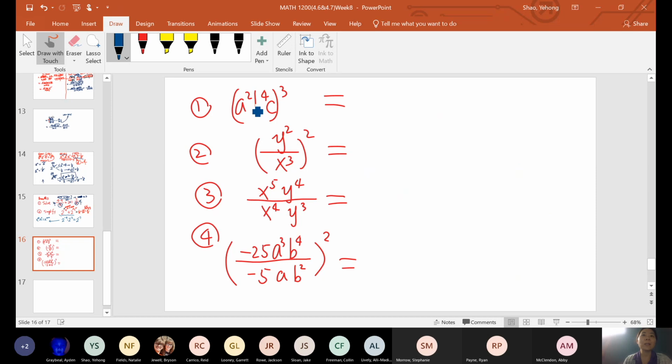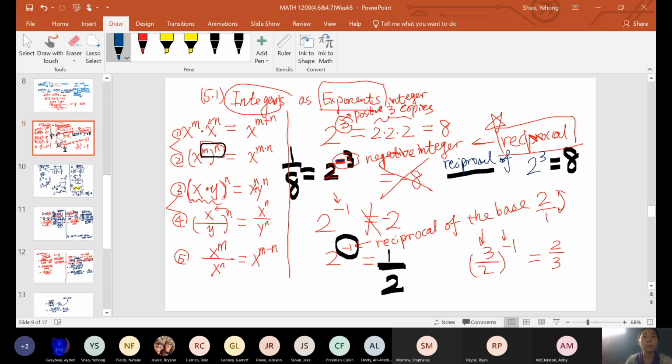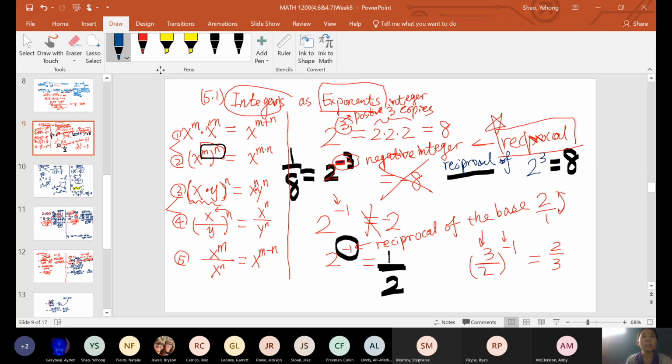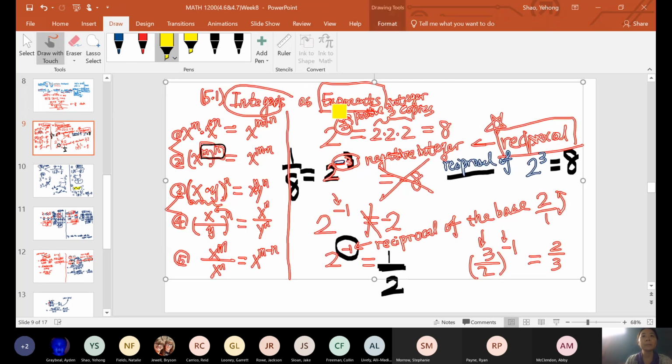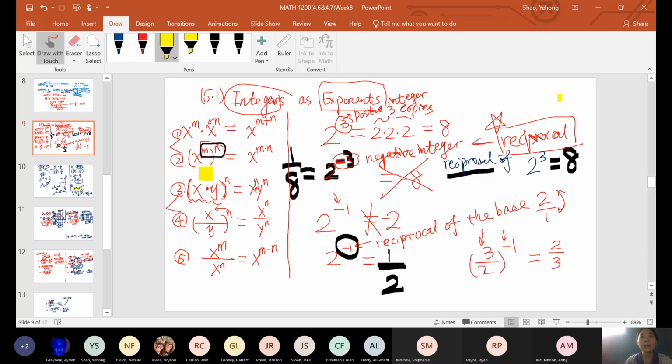We're supposed to use the third formula. Yes, the third formula. When you have multiplication in the base, look at the third formula here. If we have multiplication in the base, x times y, by the definition of parentheses, what do the parentheses indicate?